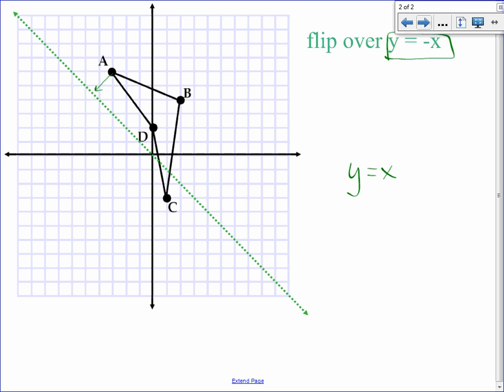So looking at point A, we have to count how many squares we traveled through. How many squares until we hit the line? 1.5. Okay, so we're going to go 1.5 on the other side. So we hit the line here, we're going to go 1.5, and we get A prime to be right there.